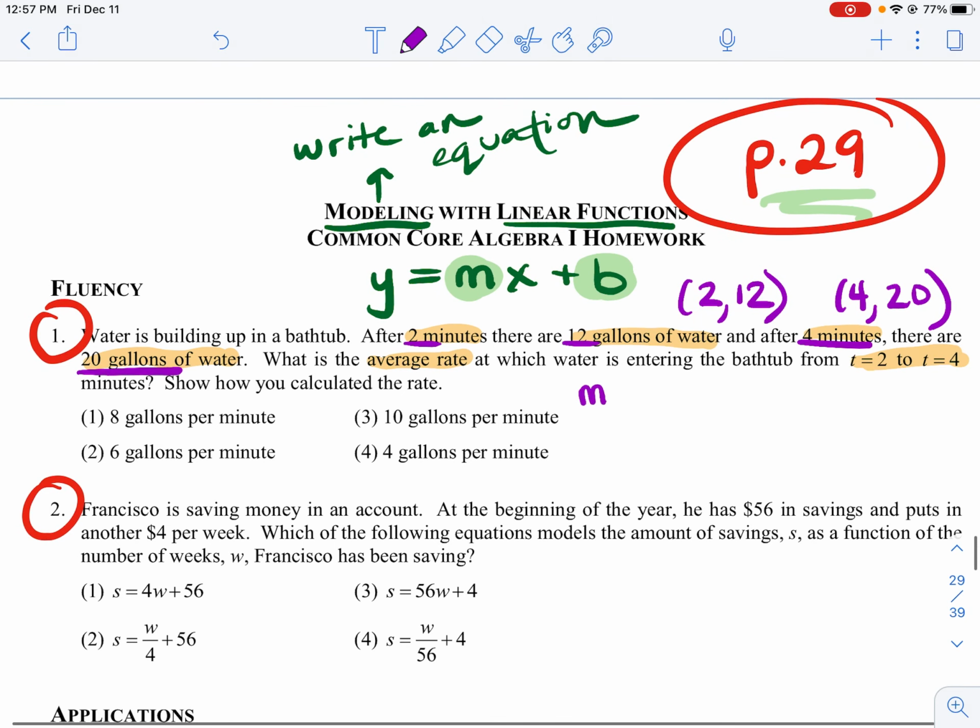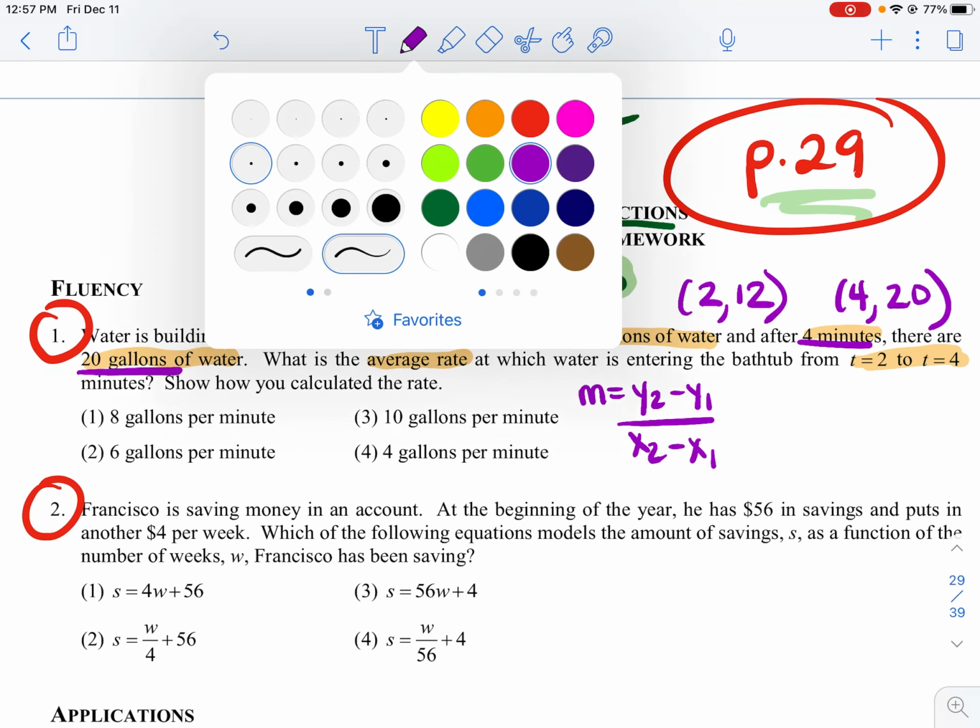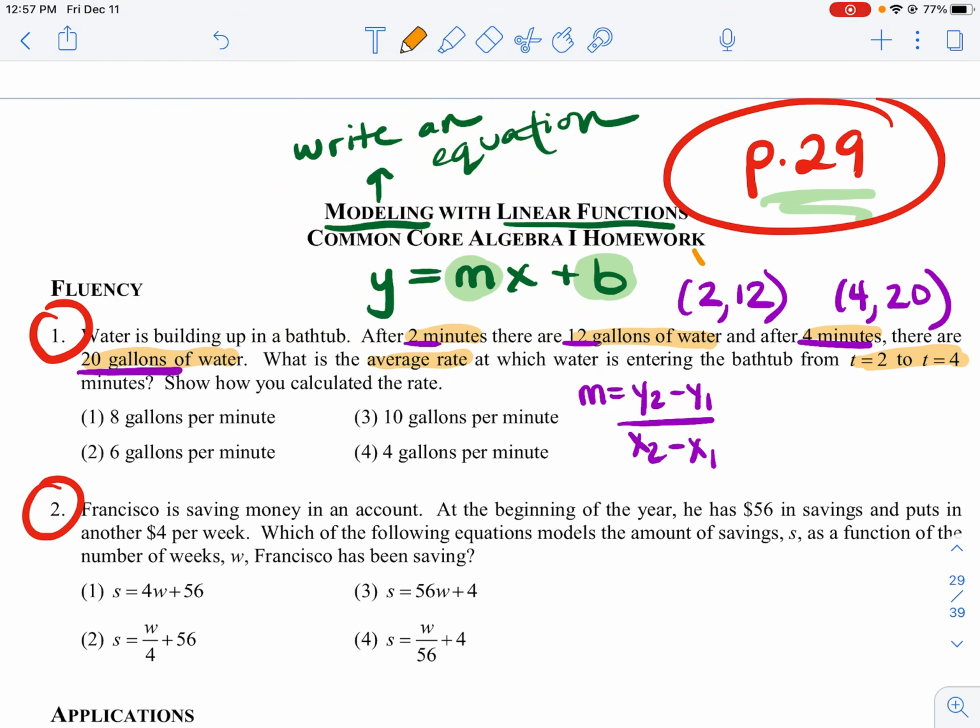Now we're going to use our formula. y2 minus y1 over x2 minus x1. And we're going to substitute in x1, y1, x2, y2. So let's plug in 20 minus 12 over 4 minus 2.